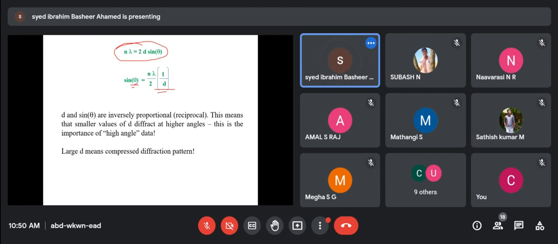So theta and d are inversely related, they are reciprocal. That means the smaller the value of d, the higher the angle of diffraction. So you need to have higher angle data, which is very important. If you have a large d, you will have a compressed diffraction pattern.